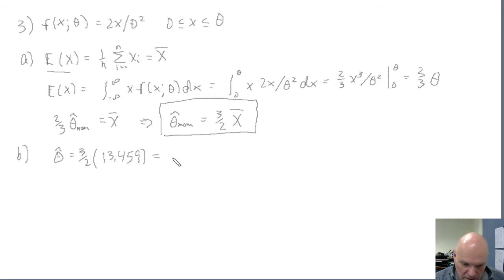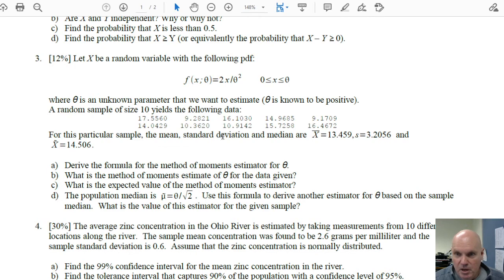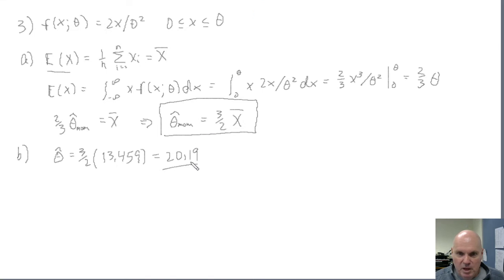Carrying out that calculation, we get 20.19. From the description of the PDF, none of our x values should be greater than theta, or correspondingly, theta should be greater than all of our x values. The largest x value here looks like 17.55, so theta has to be greater than that value. The method of moments estimator gives a value of 20.19.